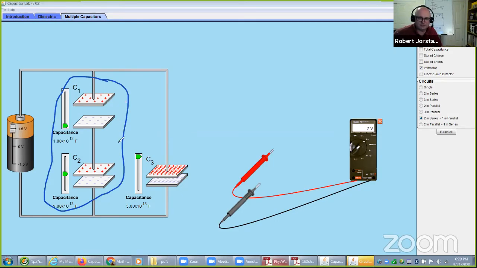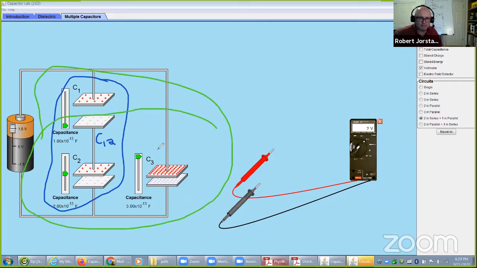So they have the same charge. If you combine these into one mega capacitor, C12, C12 and C3 actually have the same voltages. If you look at that blob, these two things are basically in parallel. And so you'd see that this voltage difference should be the same as this.